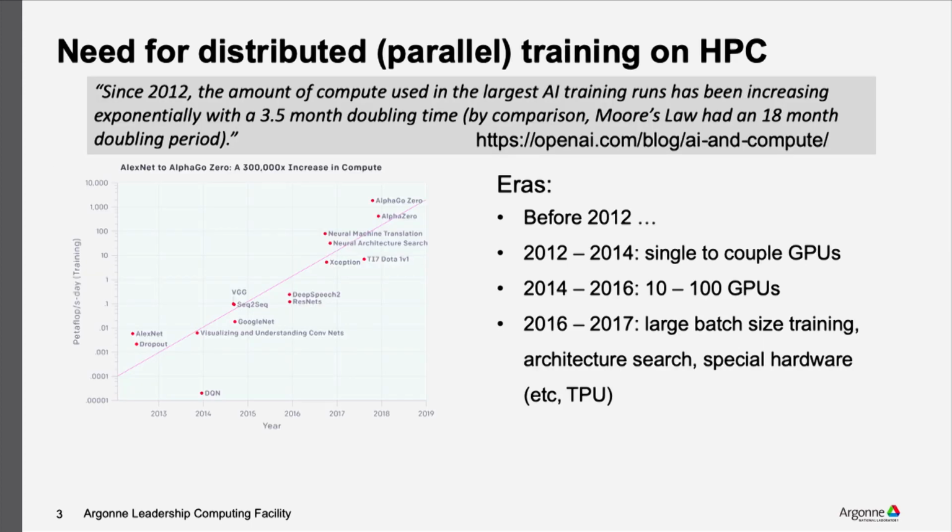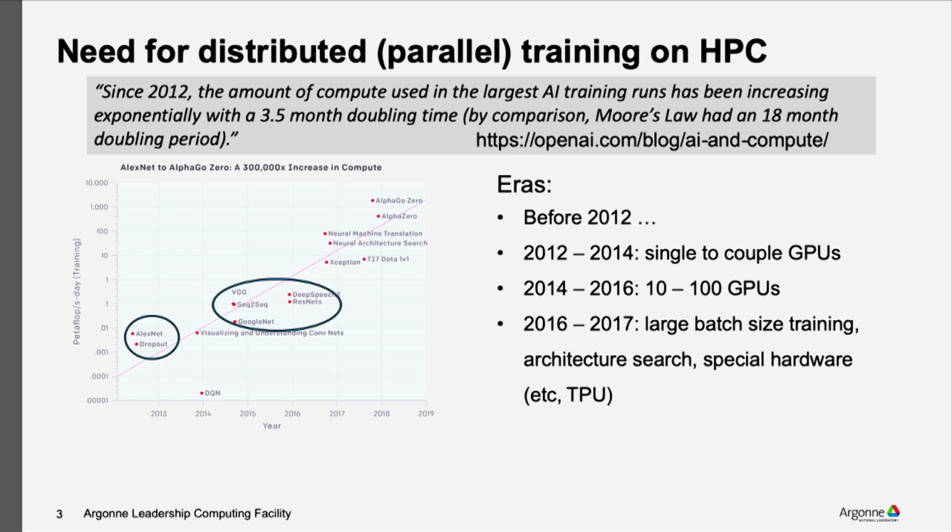So, why do we need distributed training in HPC systems? There's a very good article on the OpenAI blog. It estimates the compute of neural networks starting from 2012, when people proposed AlexNet, which is a very simple deep learning neural net.